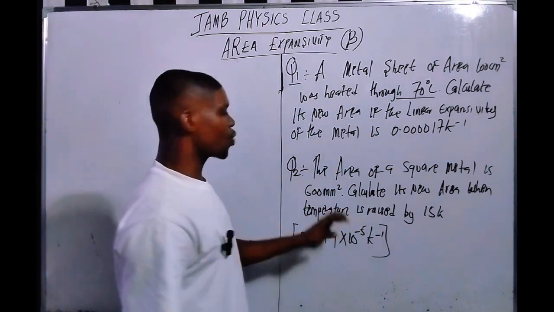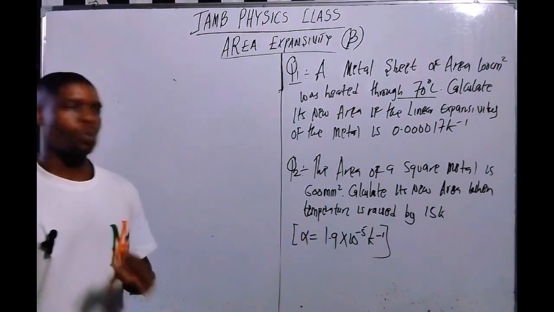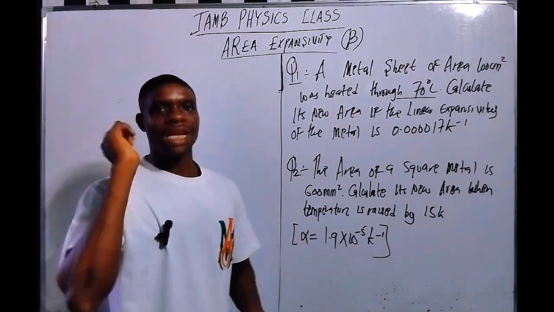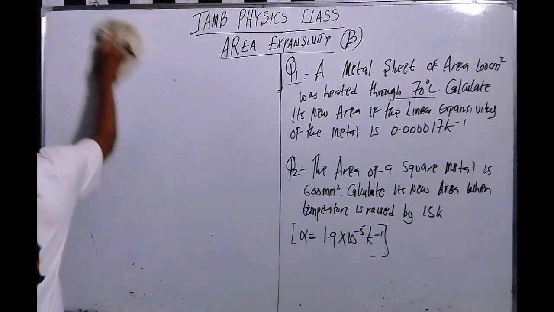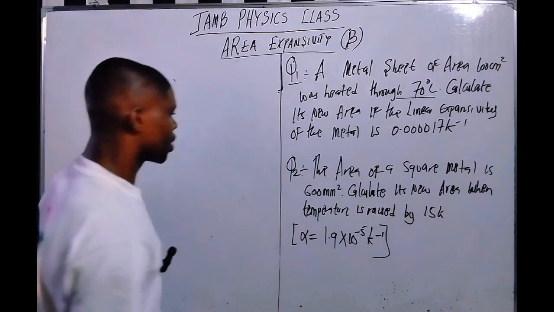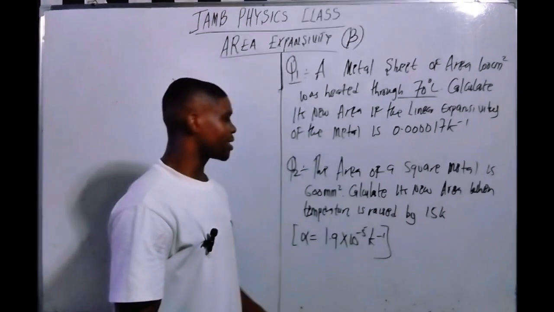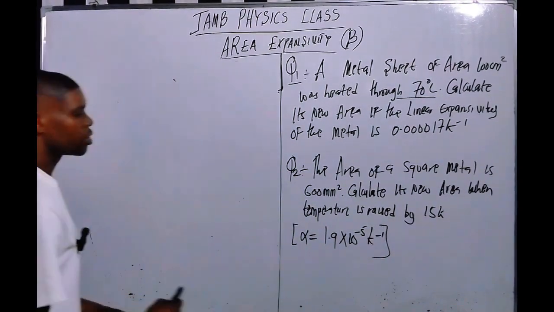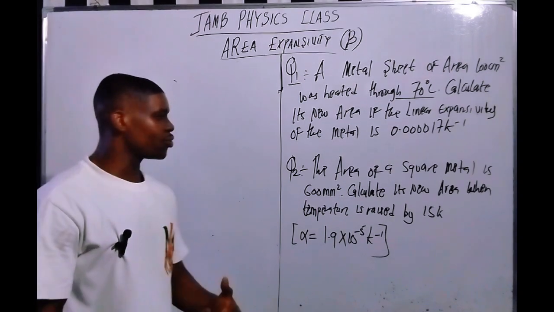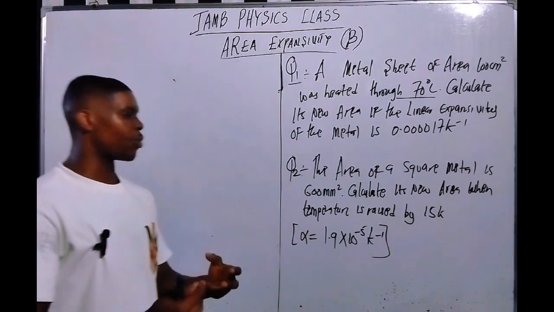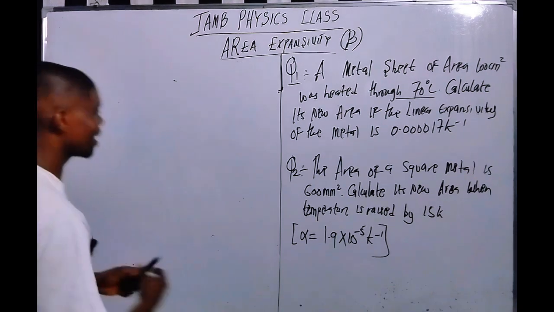So now this question here is exactly the kind of question we have already solved. Do you understand? But leave your answer in the comment section. So let's solve the question together. The area of a square is 600 millimeter square. Calculate the new area when temperature is raised by 15 Kelvin. So it's very easy here.